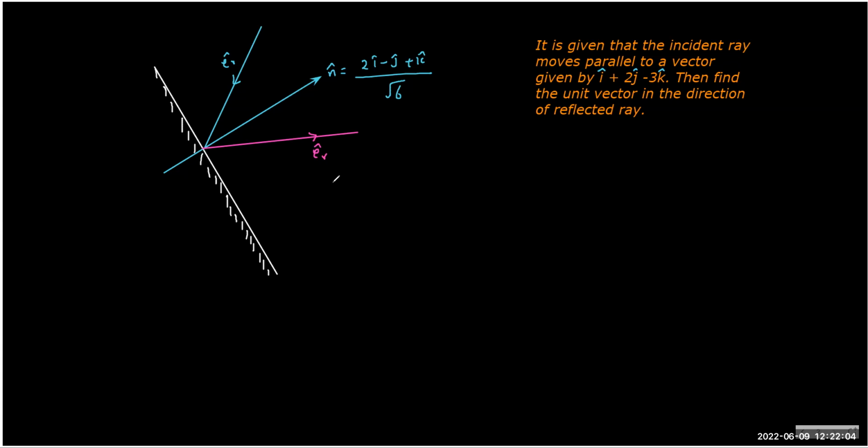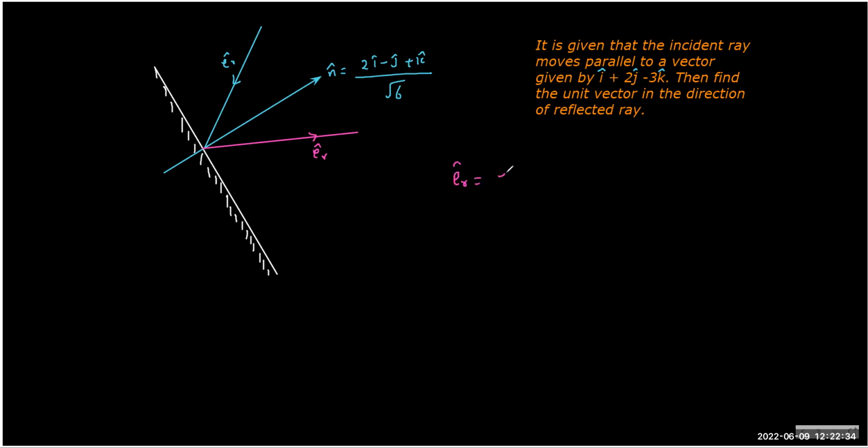Now if you try to solve by common sense, I mean basic logic, it's almost very difficult. I don't think we will be able to solve it because it's a 3D problem. In 2D we can draw the geometry and get the answer, right? The problem with 3D is we cannot draw the geometry, and we don't know how x, y, z and all are oriented. So the only way we can solve this question is the vector form. Understand?